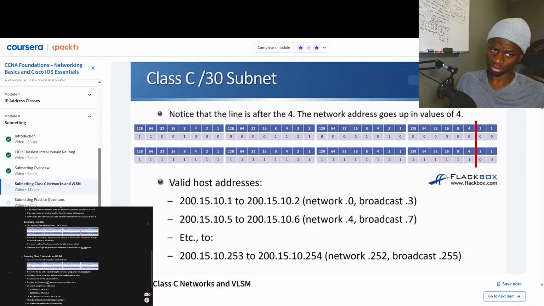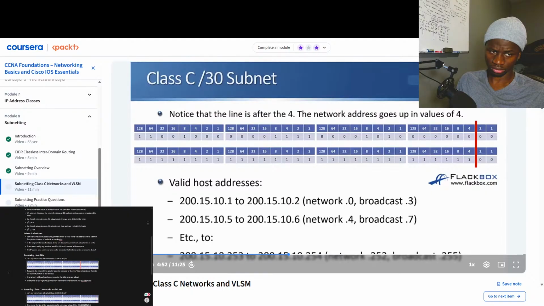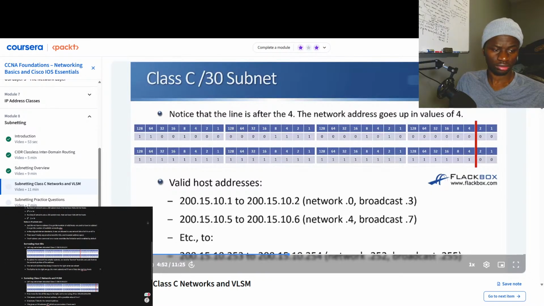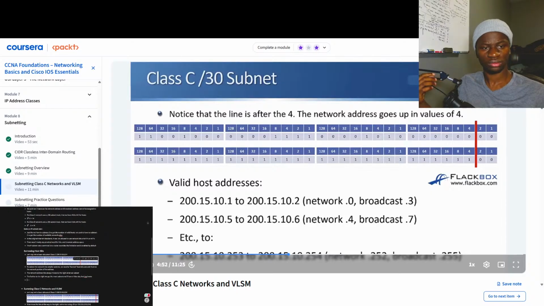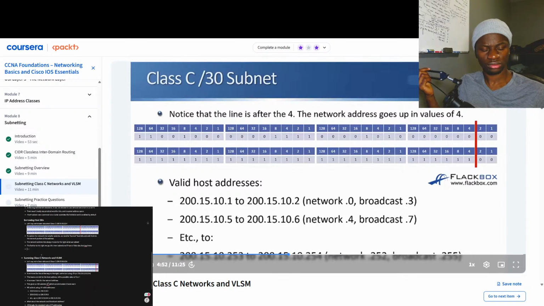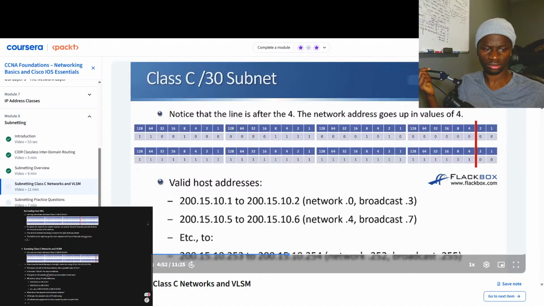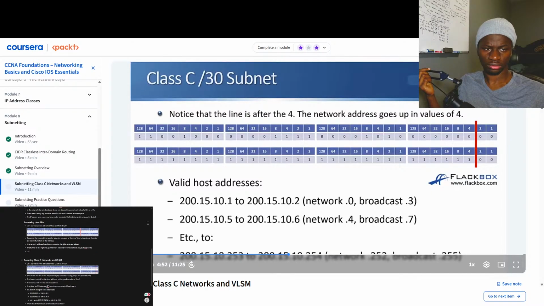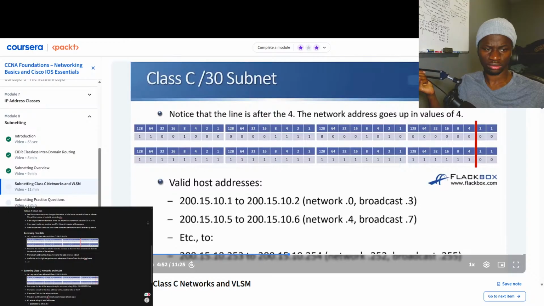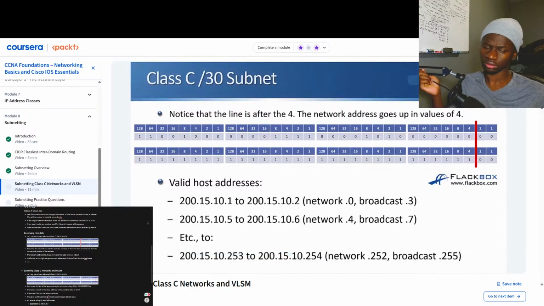And because we know the network addresses, we can work out what the broadcast address and the range of valid IP addresses are going to be.